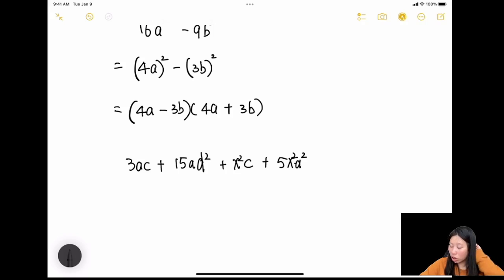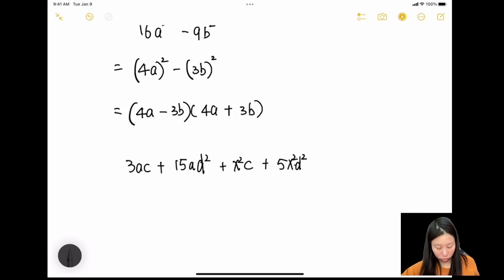Okay, so this one, we know that it has 4 terms, so we need to use the regroup strategy. But something you need to be careful about is how you regroup this. What would be the best way to regroup this? Let me see if I wrote this wrong. Okay, should be fine.